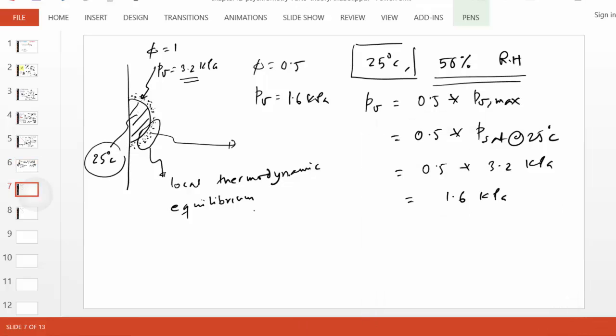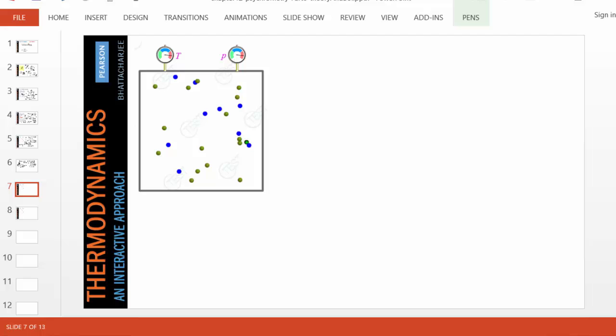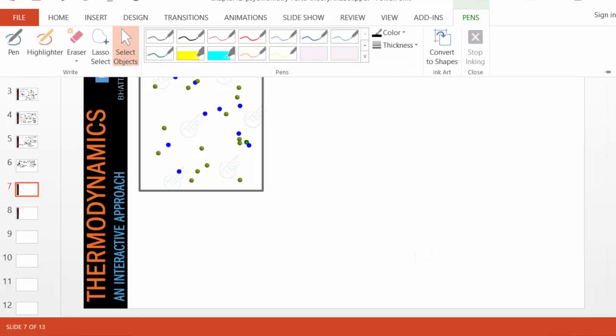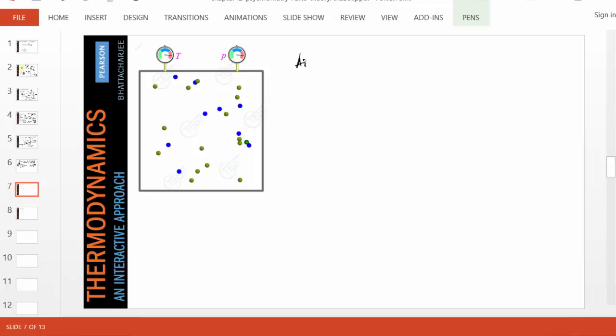Okay, so let's summarize. If we have moist air, we'll typically just call it air, which is a sum of dry air and water vapor. The total pressure P, which is always 100 kPa, we'll assume that, is made up of dry air pressure and vapor pressure.